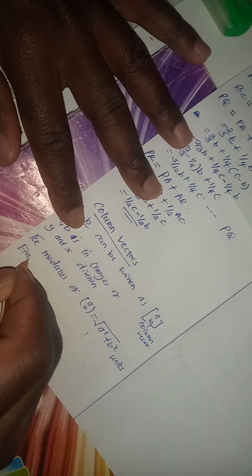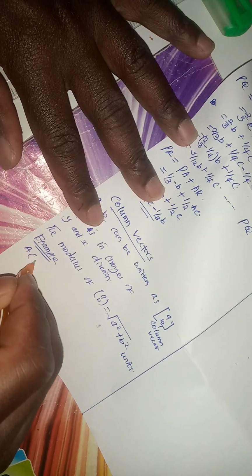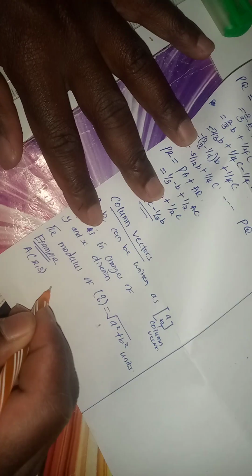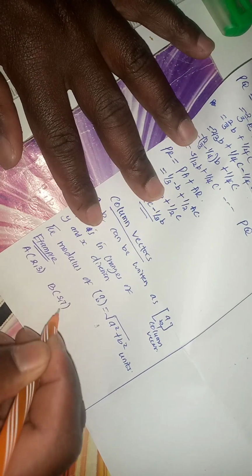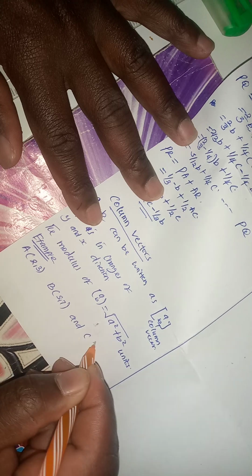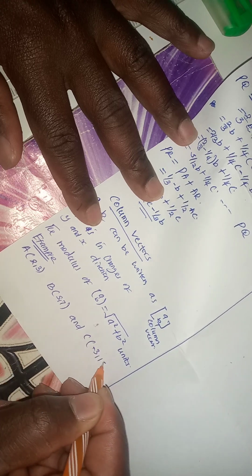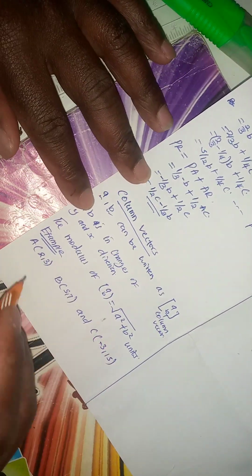Now let's look at an example. Point A is (2, 3), B is (5, 7), and C is (-3, 15). We are told to find AB and AC.